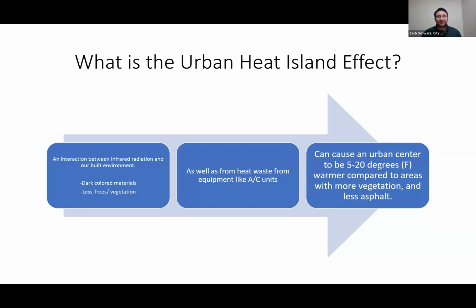And so these two things combined, along with a few other variables, can cause our urban centers to experience excess heat between 5 to 20 degrees Fahrenheit. So if you are supposed to be experiencing a day that's maybe 100 degrees, if you take into account your urban heat island, you might actually be experiencing 120 degrees in some extreme instances.